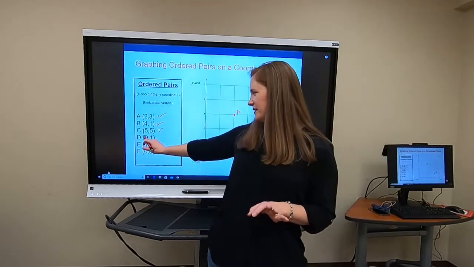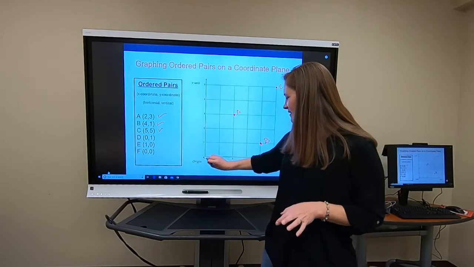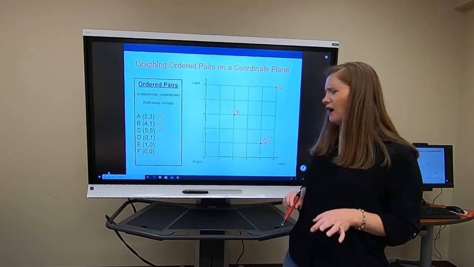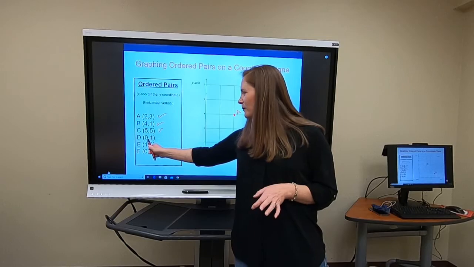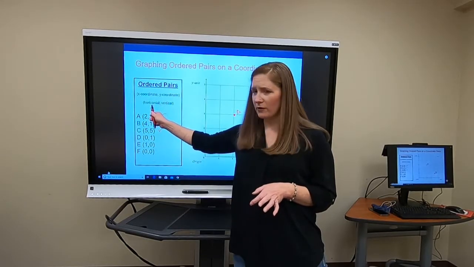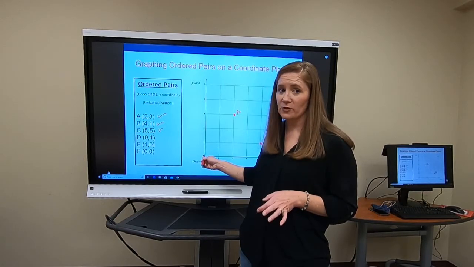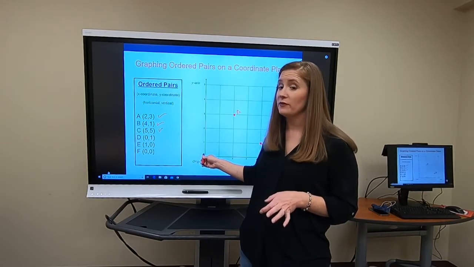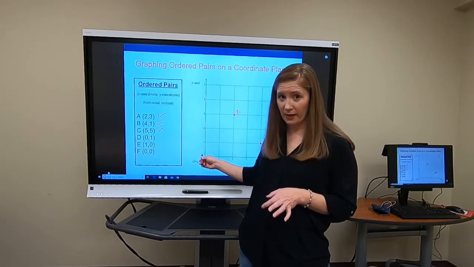This next one, D, is 0, 1. Sometimes that 0 can throw us off. It says 0, 1, but remember, it's 0 going horizontally. If I'm starting at 0, do I move anywhere horizontally? No. I stay right where I am.